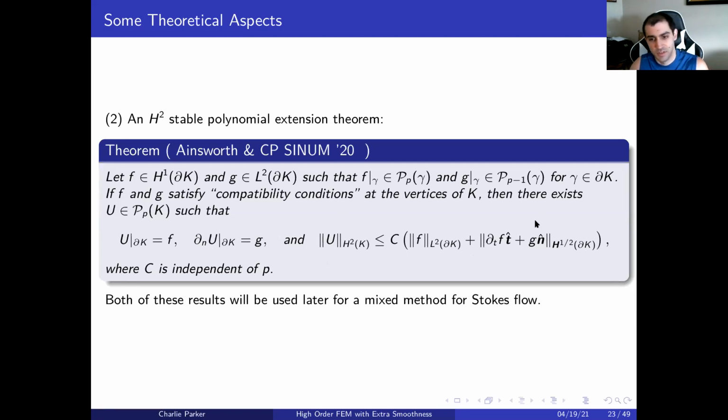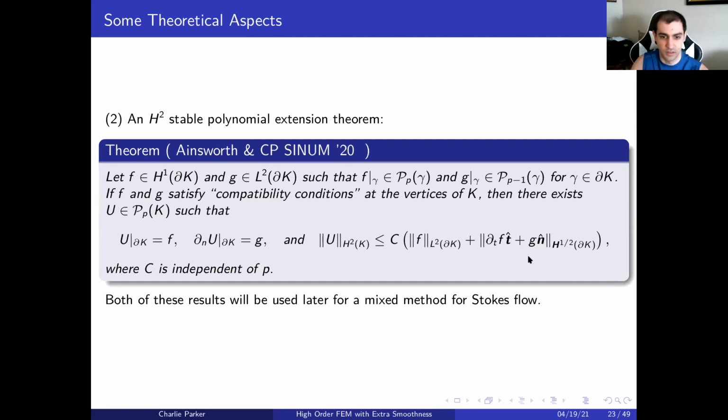This boundary norm can be interpreted as follows: f is just u on the boundary, and the second term is just the gradient of u on the boundary. If the boundary was smooth, you would expect higher order Sobolev norms, but the boundary is not smooth, so this is what you get.